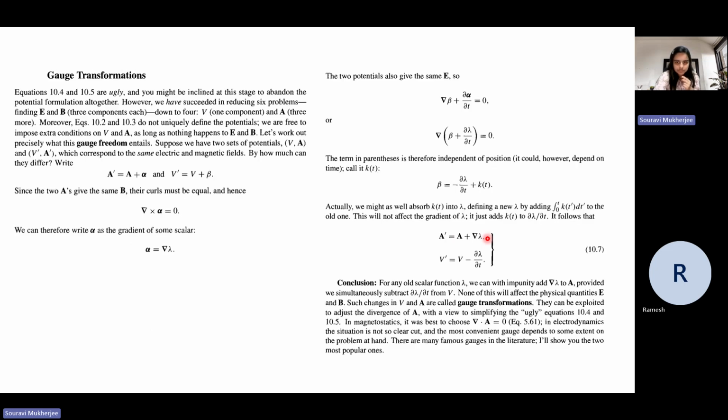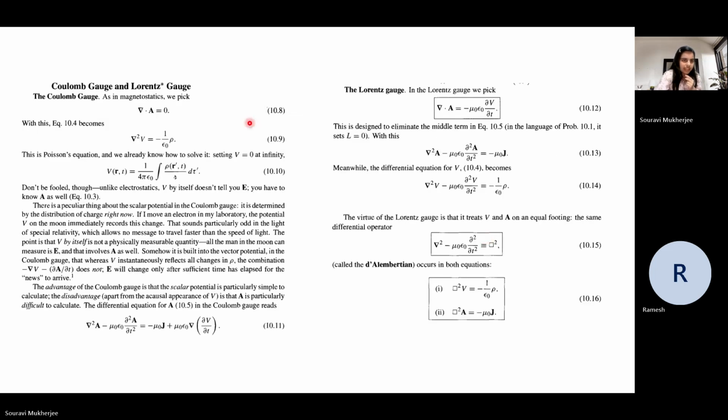There are many popular gauges, and this one is called the Coulomb gauge, where you choose A to be divergenceless. That gives the well-known Poisson's equation, and we already know how to solve it.